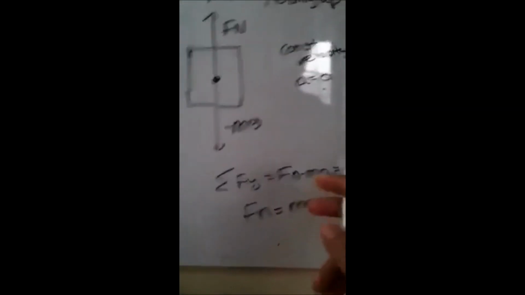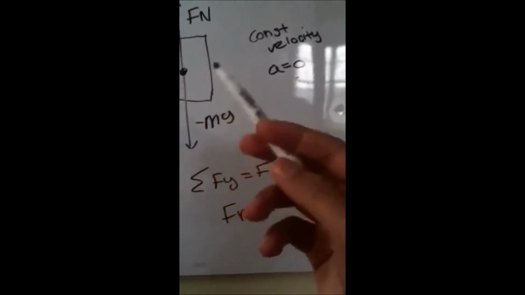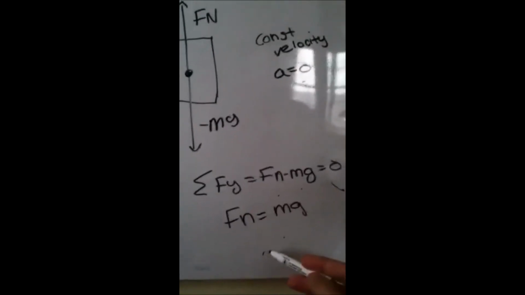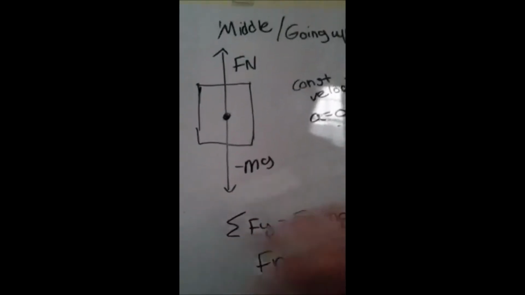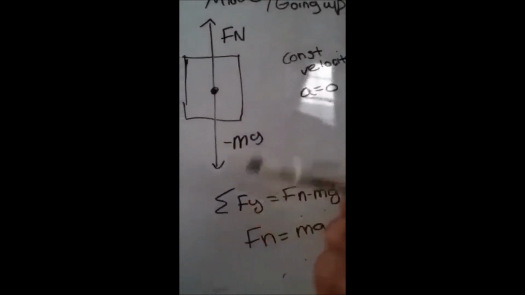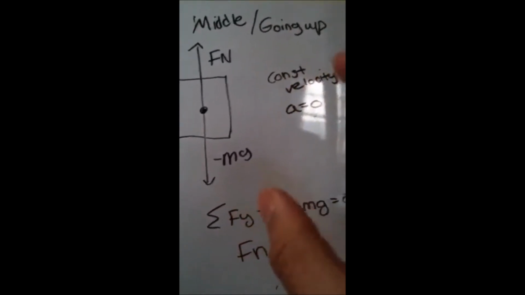And if you look at it, it's moving at a constant velocity, therefore the acceleration is 0, and you can conclude with the sum of the y forces that Fn equals mg, and that's because it's essentially the same conditions as if it were at rest. So this is primarily based on the assumption that there's no acceleration and it's moving constantly.